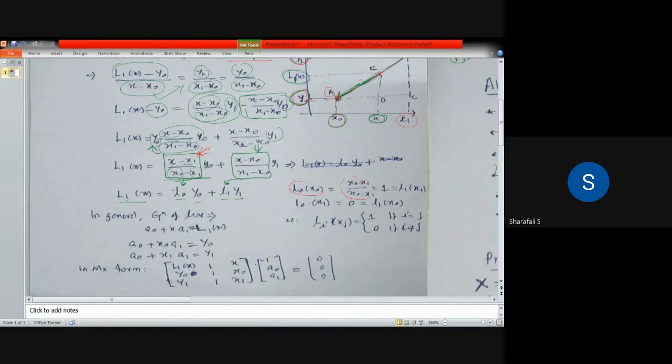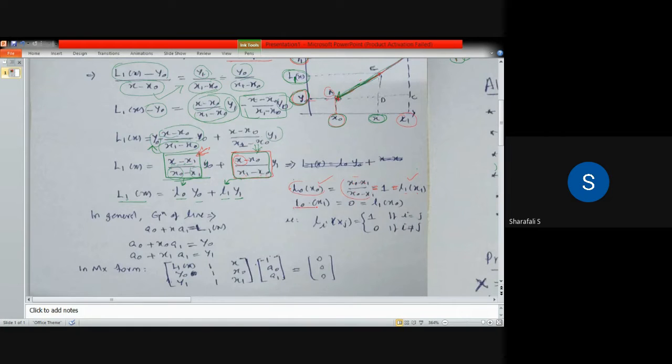That is nothing but 1, because in both the denominator and numerator we have the same term. And that is also equal to L1 of x1. What is L1? L1 is this term. If you consider L1 of x1, you have to replace this x with x1, so that will become (x1 minus x0) by (x1 minus x0). That is also 1. So L0 of x0 will be equal to L1 of x1 equal to 1.